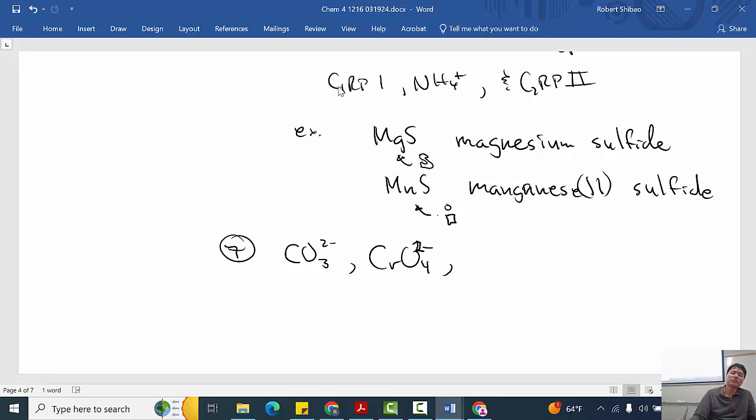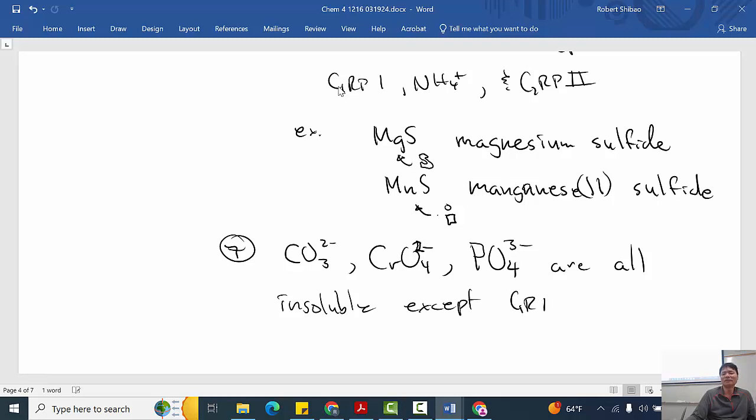Carbonates, chromates, and phosphate. What's the formula for phosphate? PO4 3 minus. That's correct. Are all insoluble except group 1 and ammonium.